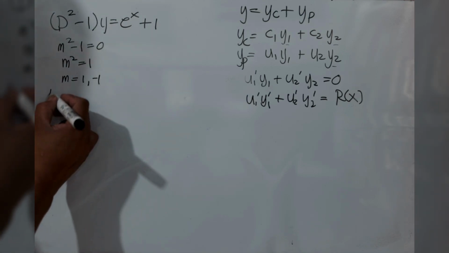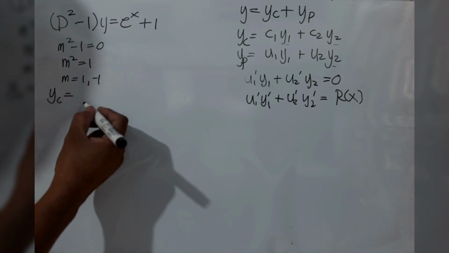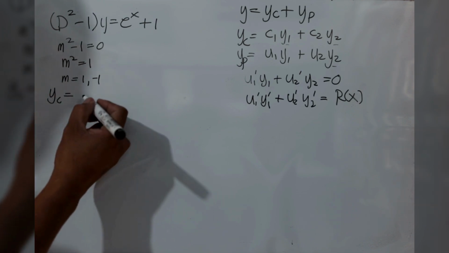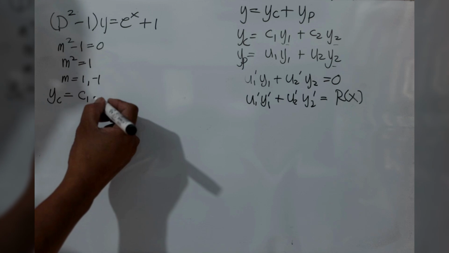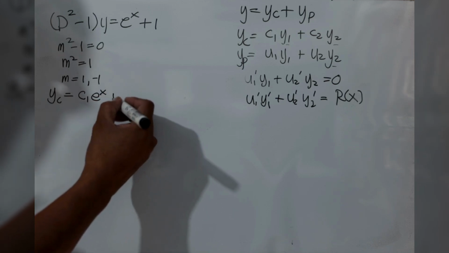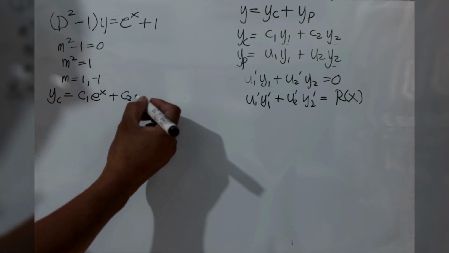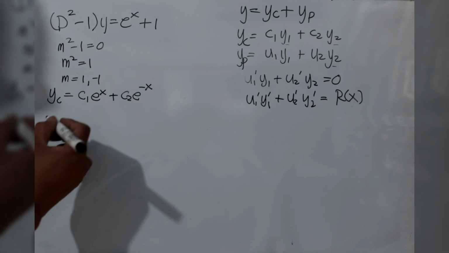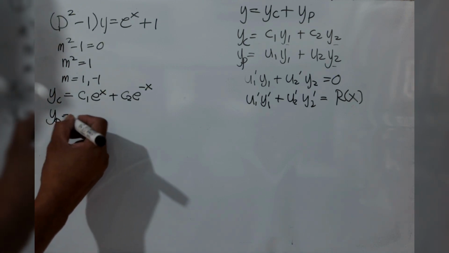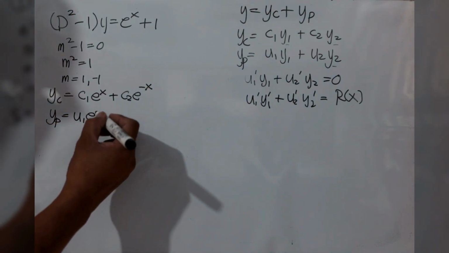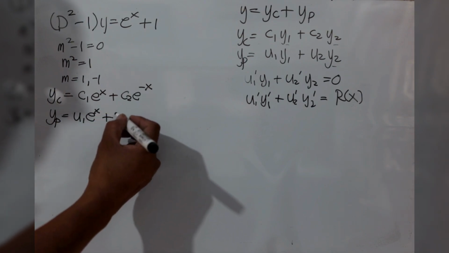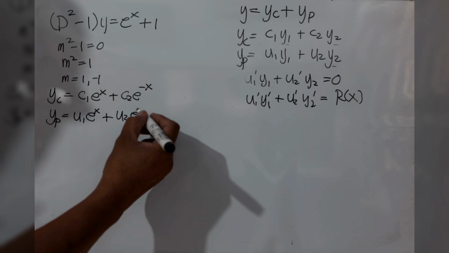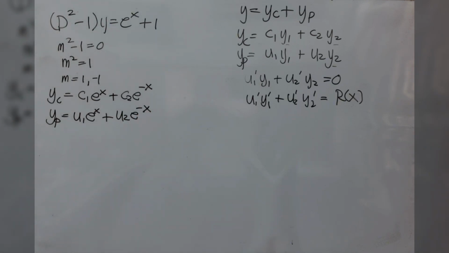That means these are distinct roots, and our y sub c is c sub 1 times e to the x plus c sub 2 times e to the negative x. And it follows that our y sub p is u sub 1 e to the x plus u sub 2 e to the negative x.